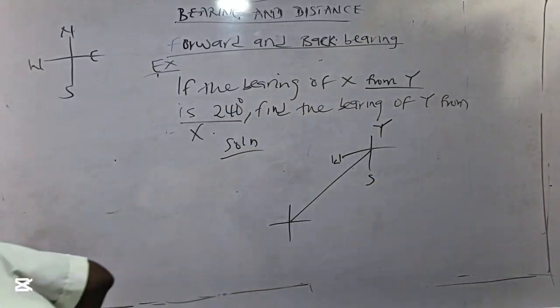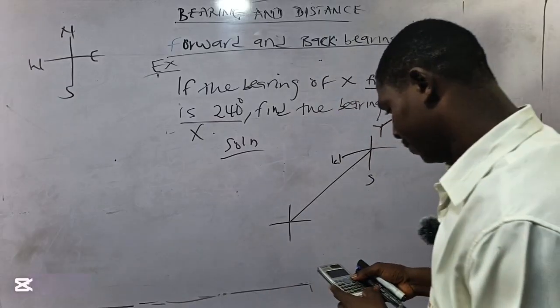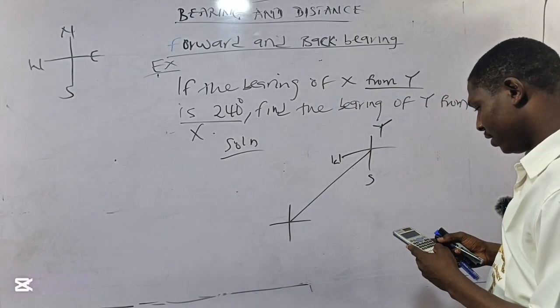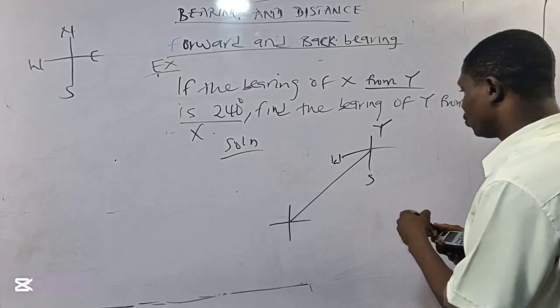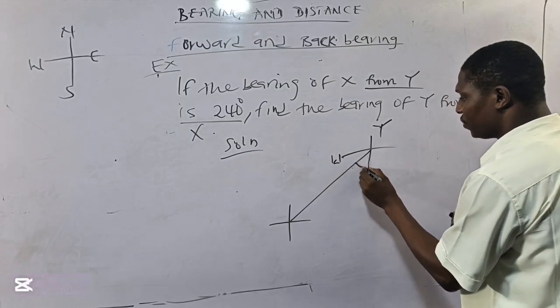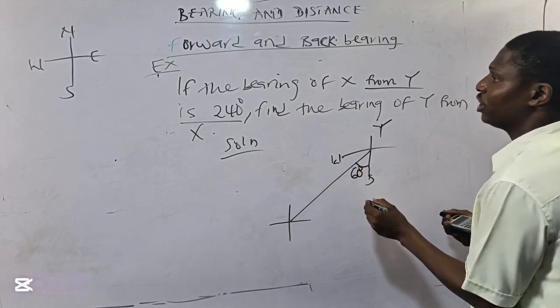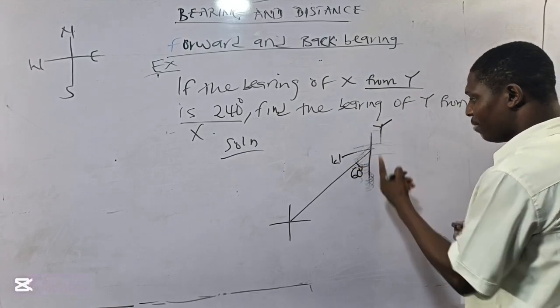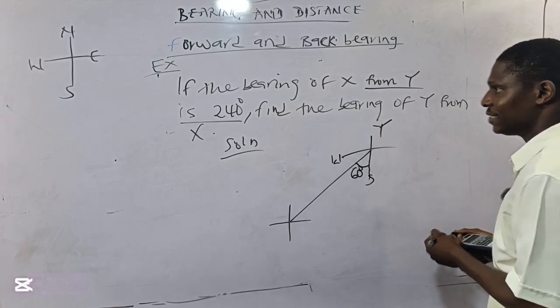Now, 240 minus 180 will give me 60 degrees. So I have here left to be 60 degrees, because 240 from the north to here is 240. And if I remove my 180, which is north-south, I'll have 60 degrees left.